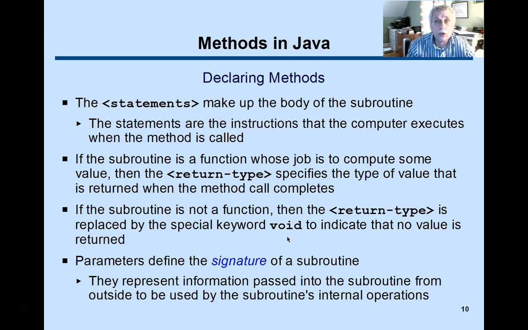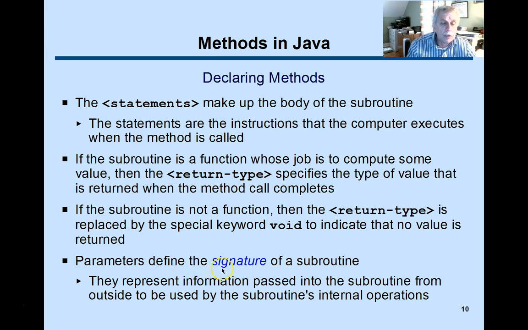Once we're done, we're just returning control to you, and we're stopping. We're not sending any data back to you. That's what a void method would be. However, if we're going to return something such as an integer value or a double value, then the return type would say int, or the return type would say double, or whatever data type is appropriate for the type of value communicated back from the subroutine to the calling routine.